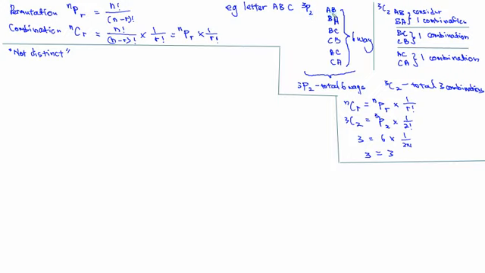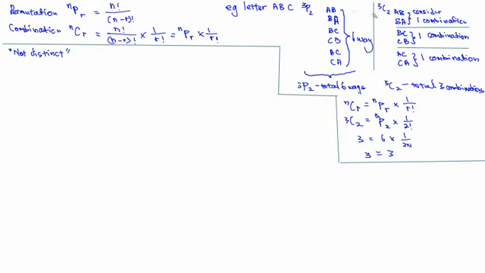So this is how we're going to arrange it: AB, BA, BC, CB, AC, CA. So in terms of arrangement, none of them are exactly the same. I mean, they are all different. So there are actually 6 ways of arranging. So 3P2 is actually a total of 6 ways.